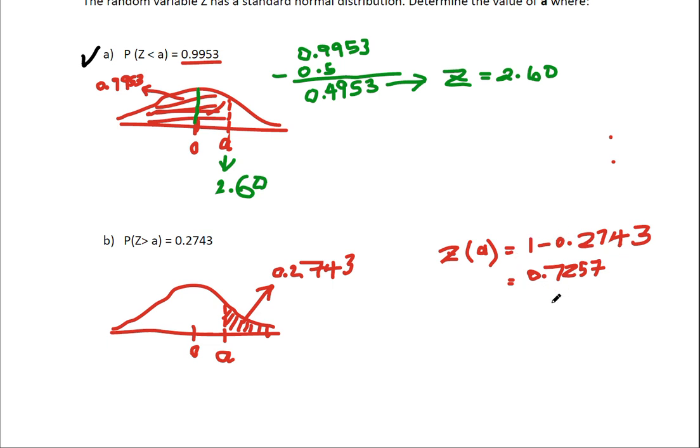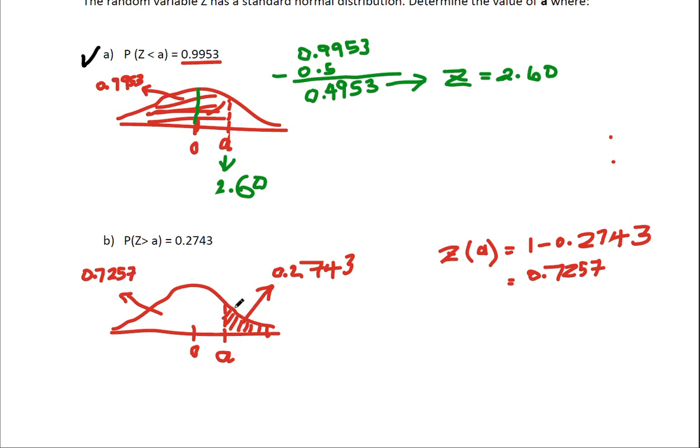So therefore, what we need, 0.7257, is this entire area to the left of A. And since we know that reading from the standard normal table will always give you the area to the left of a value, never to the right, then this becomes simple.